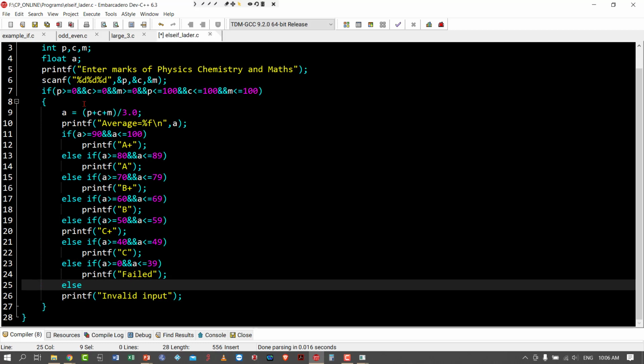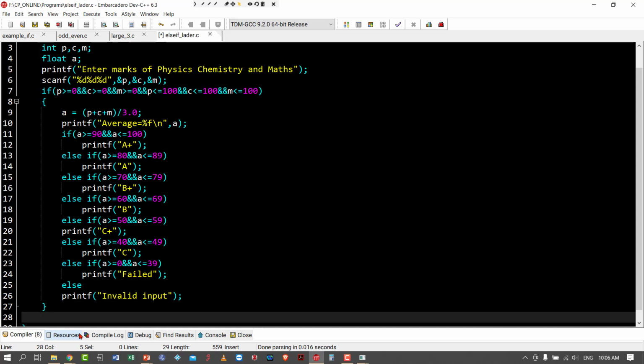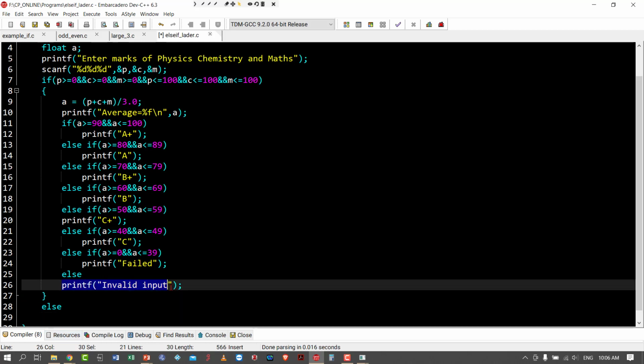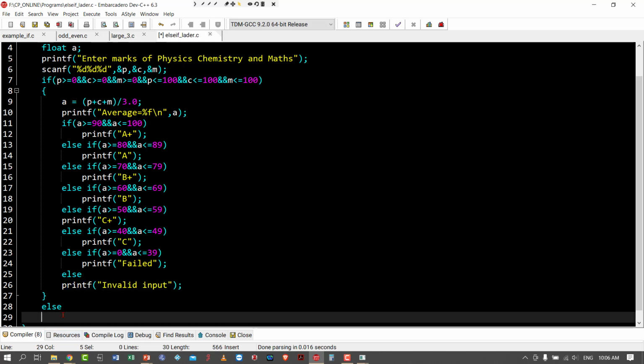Now these many statements are inside this one. Else, you can print invalid input. Is it clear?